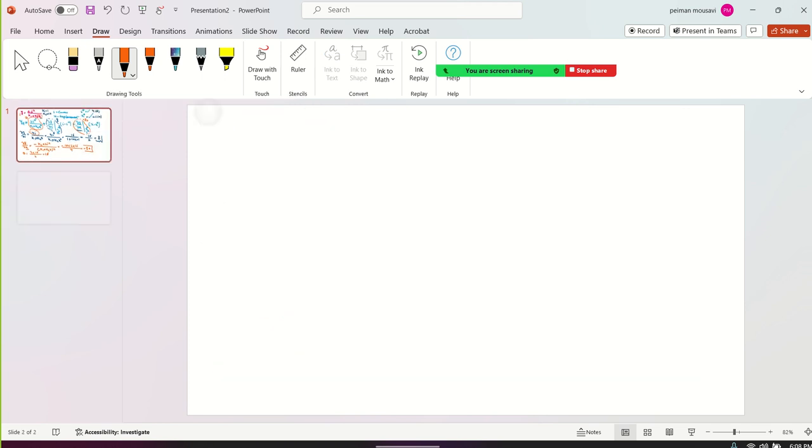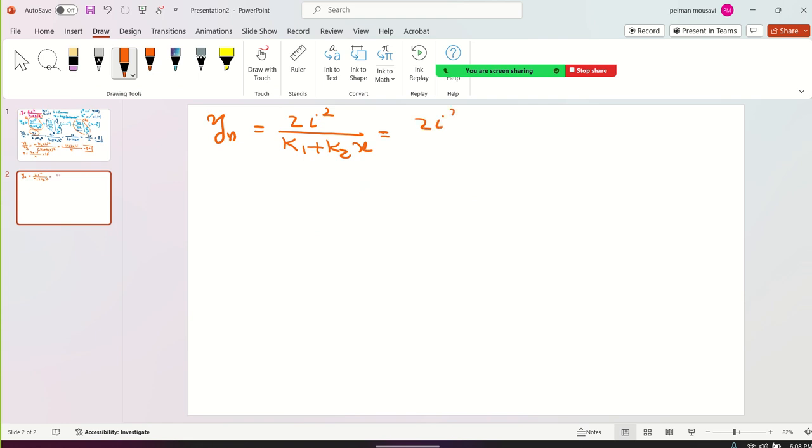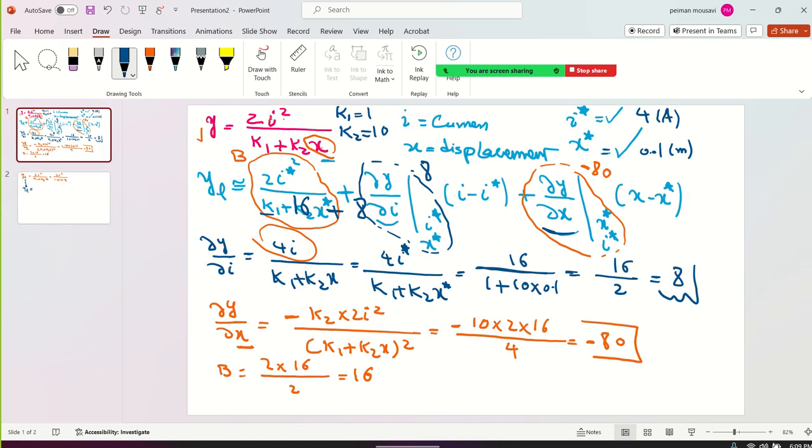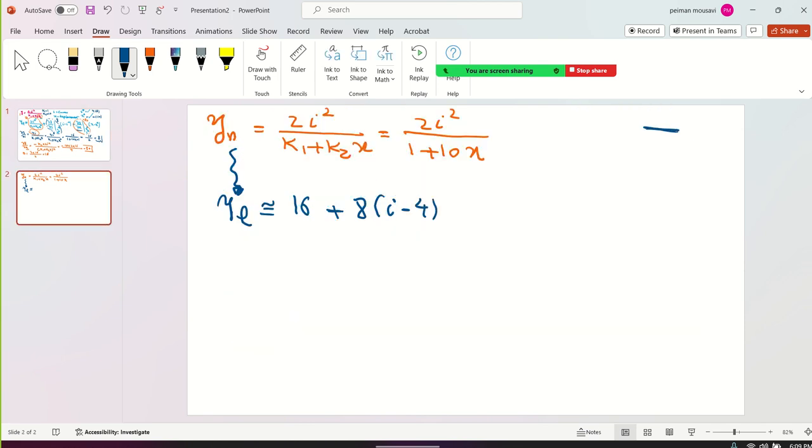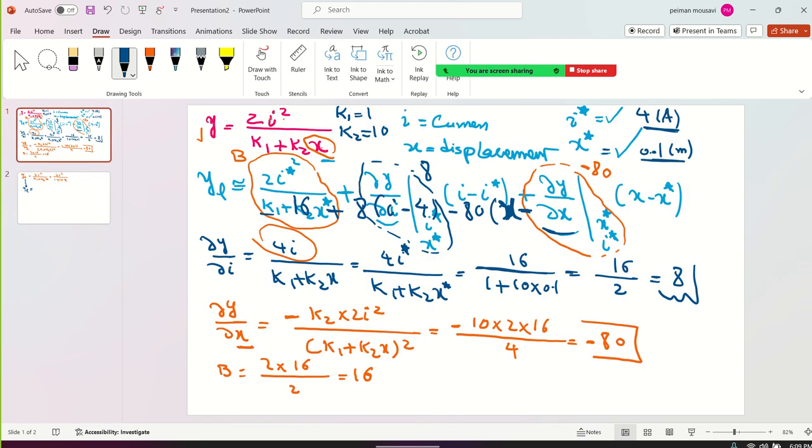Interesting to note that the nonlinear function 2i squared divided by k1 plus k2 x, which we gave numbers of 2i squared divided by 1 plus 10x, by using the Taylor series expansion with two parameters, we transfer to a linear y of 16, if I'm not wrong with the numbers, plus 8 times i minus the equilibrium point that we found from the differential equation, 4, and minus 80 times x, the displacement, minus the equilibrium point that we found, 0.1.